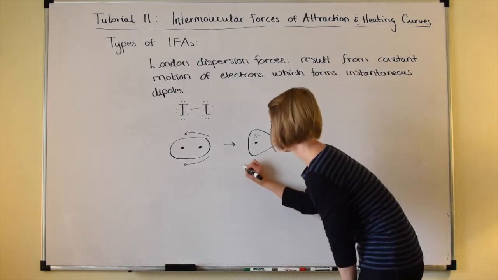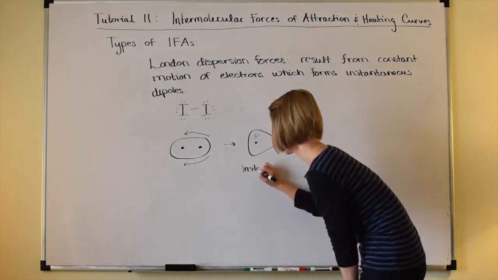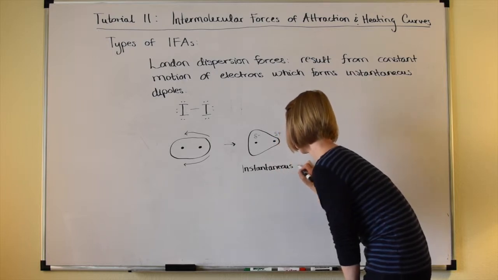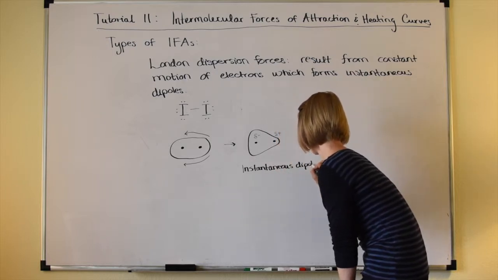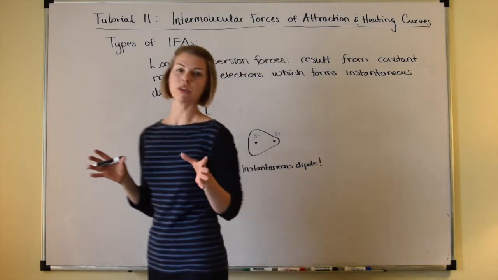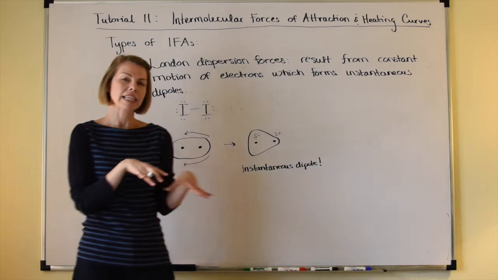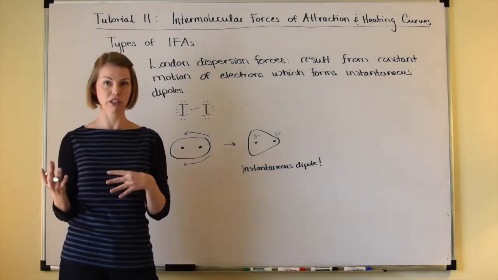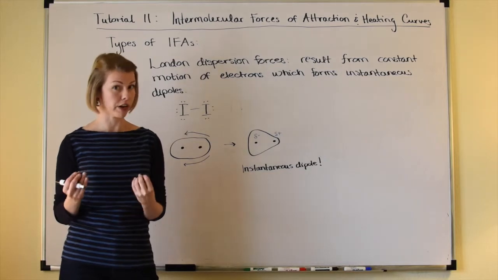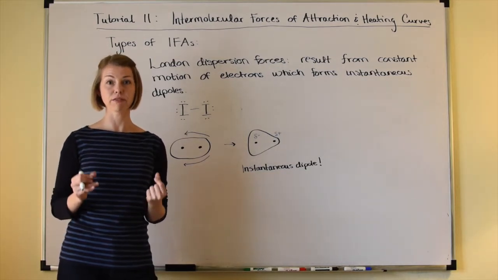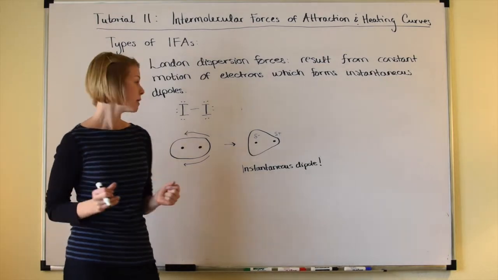Okay, so I'm going to write here, this is called an instantaneous dipole. It's just an instant where the electron density has been pushed to one side or the other side of the molecule, creating a temporary, momentary, partial positive and partial negative charge buildup.